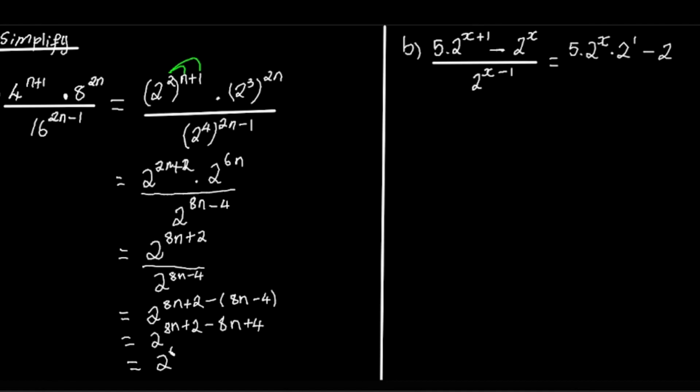Minus by 2 to the power of x divided by 2 to the power of x multiplied by 2 to the power of negative 1. So in this question, guys, since we are given a negative here in the middle, or if they were to give us a positive, we are going to use the same procedure.